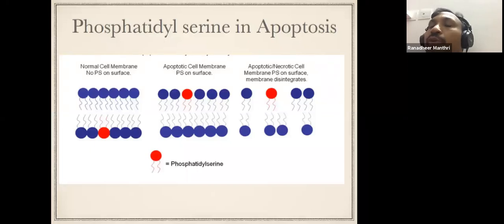So we are going and imaging phosphatidylserine. As annexin 5 can't go inside the cell, it will not localize. But when the phosphatidylserine is on the surface, it can go and localize. So we will know whether the treatment we are giving is leading to apoptosis or not by using F18-labeled or technetium-labeled annexin 5. Next slide, please.